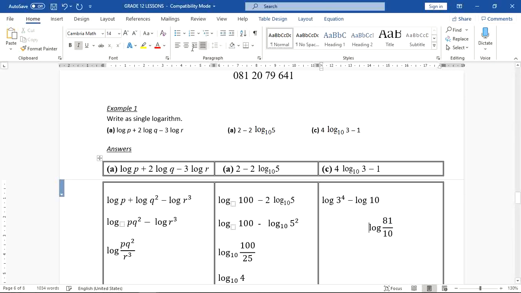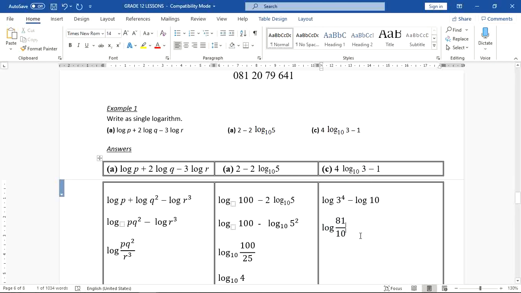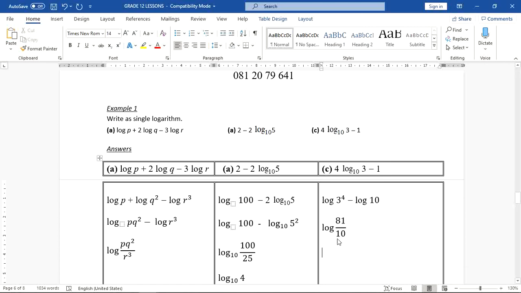So the final answer should be log 8.1, because 81 divided by 10 will give us 8.1. So the final answer will be log 8.1 base 10. Okay, that is the answer for part C.